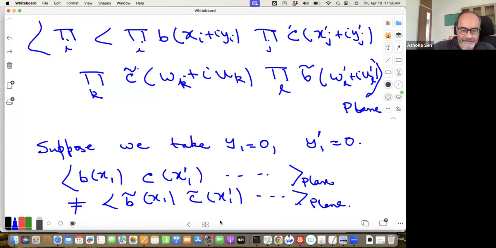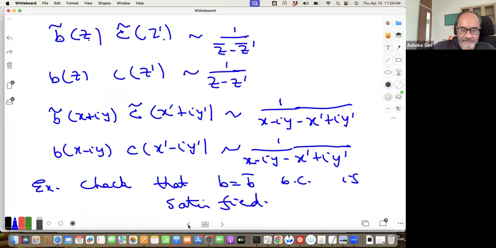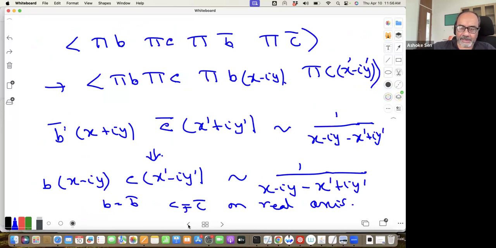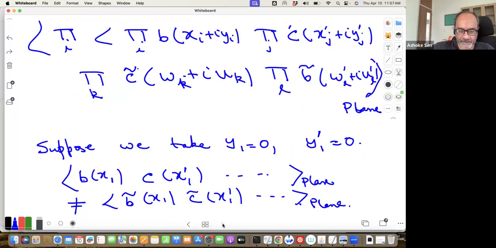But if we arrange the insertions by using this rule that I gave, that B bar will be replaced by B and C bar will be replaced by C with arguments complex conjugated, then you can verify that for such correlation functions, this will always be true, essentially by construction.